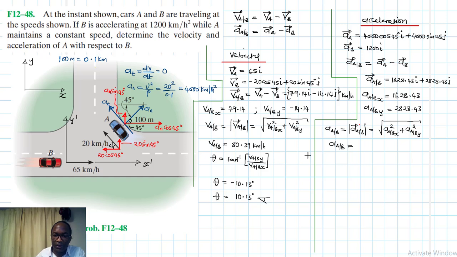Square root of that, we get 3263.71 kilometers per hour squared. Let's find the angle. This is equal to tan inverse of ABY divided by ABX.